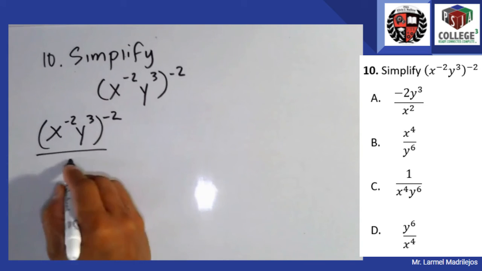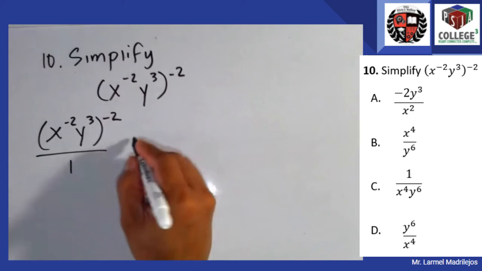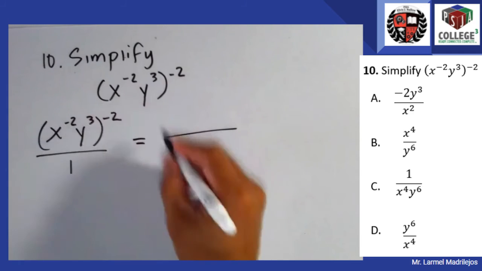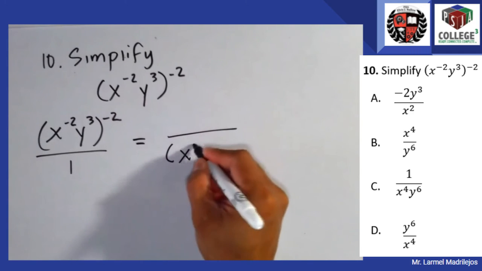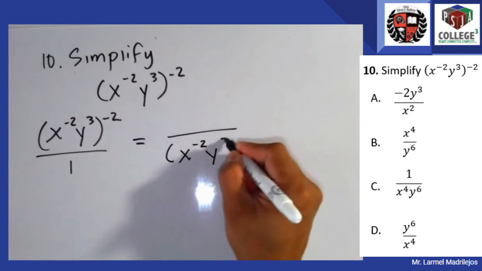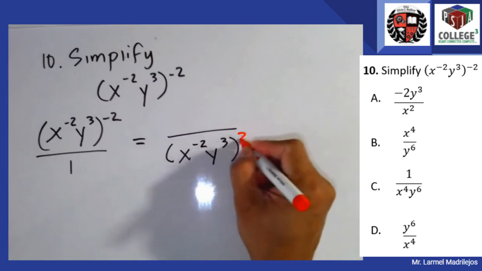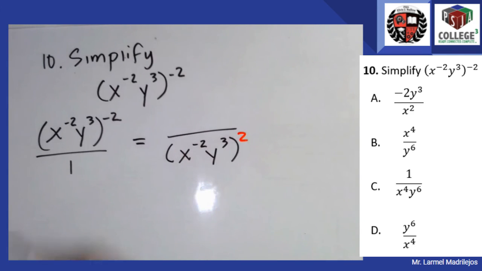This is over 1. So if I flip them, everything here goes down, and change the sign to positive, and this goes up. Now we can simplify this.